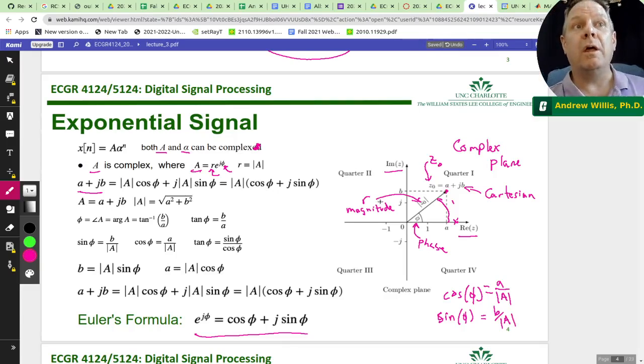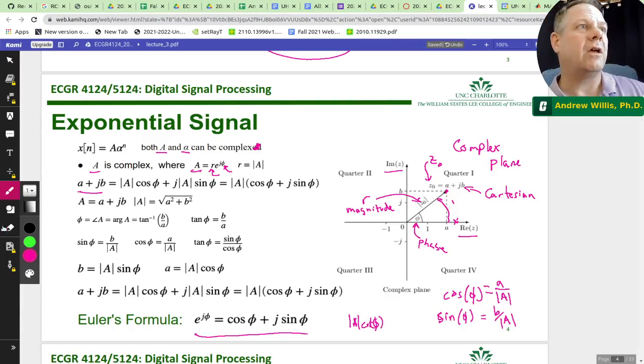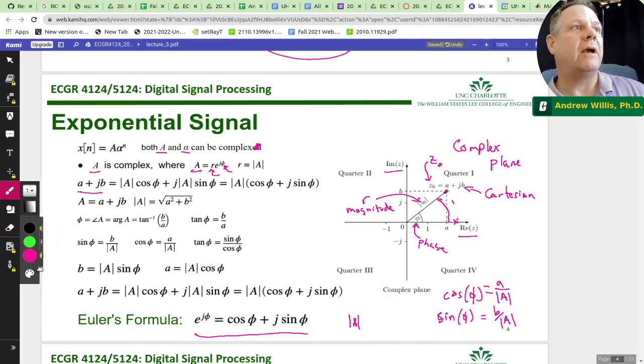And so we can represent a complex number as, like, magnitude of a times cosine of phi. That's where our x coordinate is. Magnitude of a times cosine of phi.